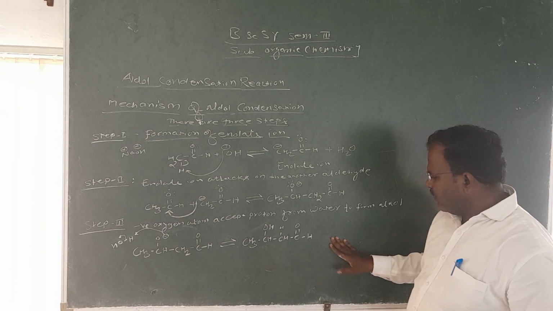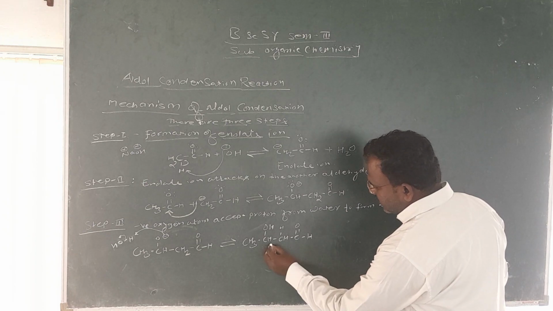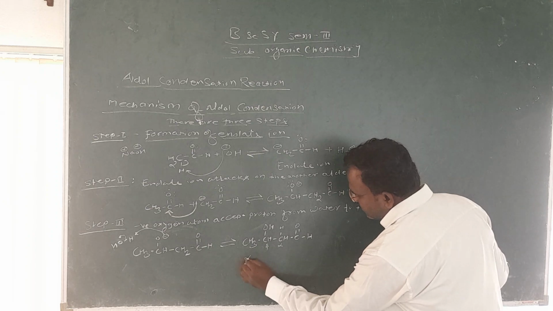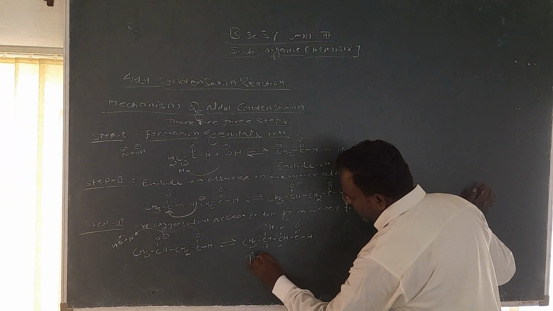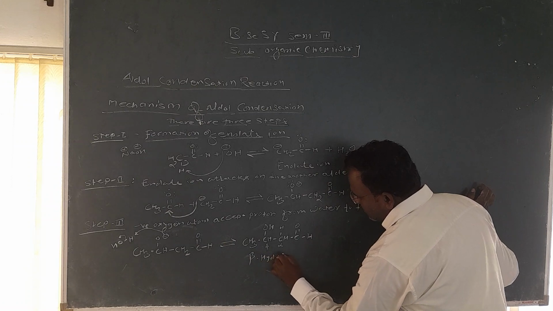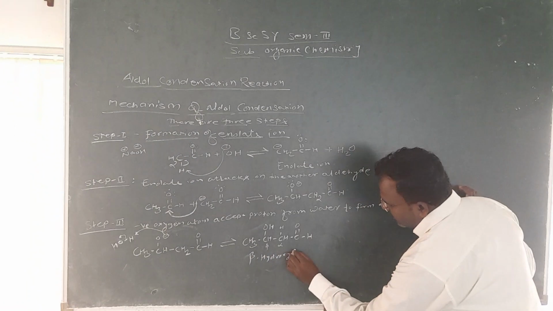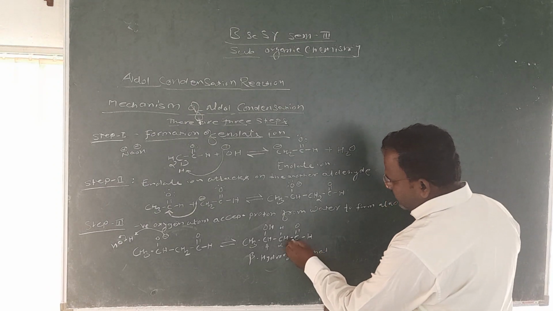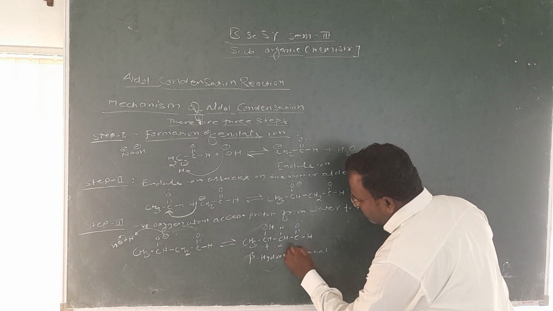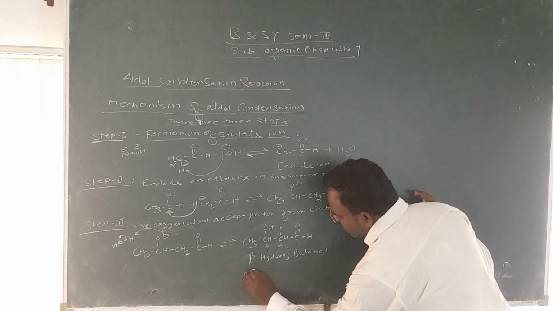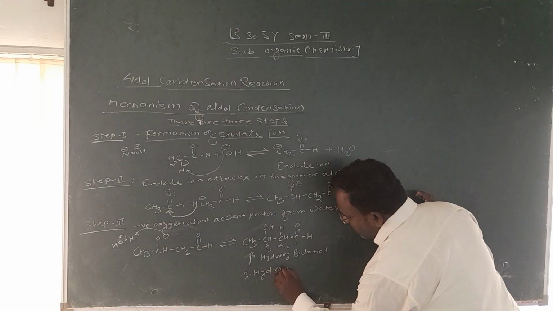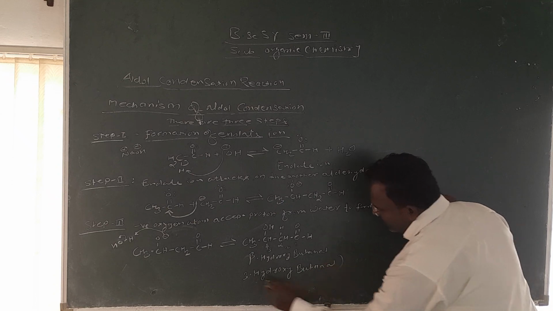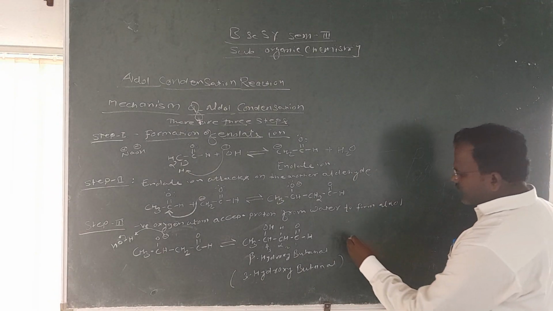The name of the compound: this is the alpha carbon atom, this is the beta carbon atom, beta hydroxy butanal, or 3-hydroxy butanal, with 1, 2 and 3 positions.